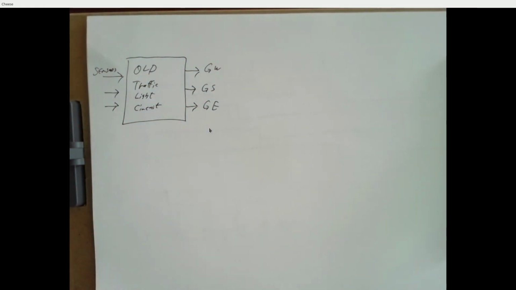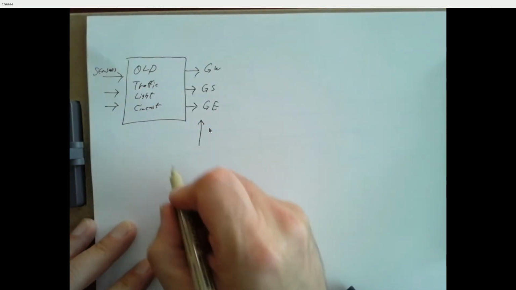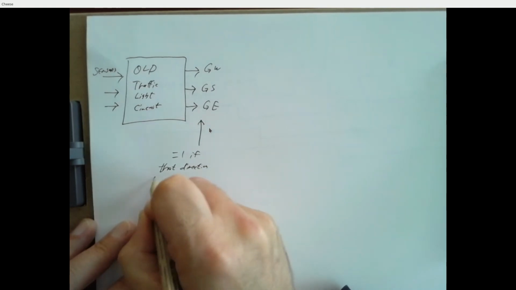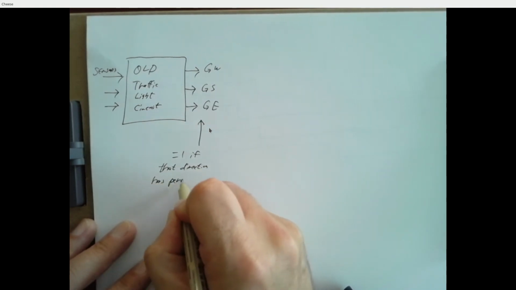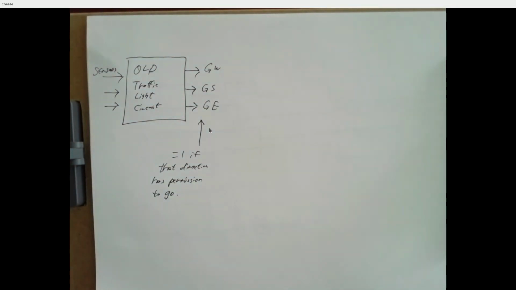I'm cheating, I'm only showing 3 outputs, just the green lights for west, south, and east. In your old circuit, each of these is equal to 1 if that direction has permission to go. So if green south is 1, that meant you were going to give permission to the car on the south to go through the intersection.